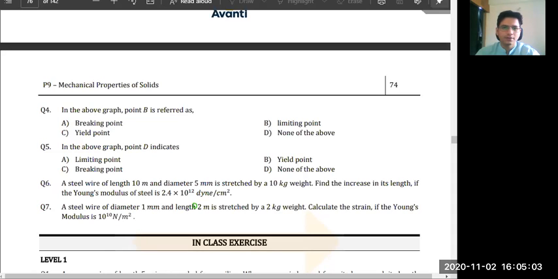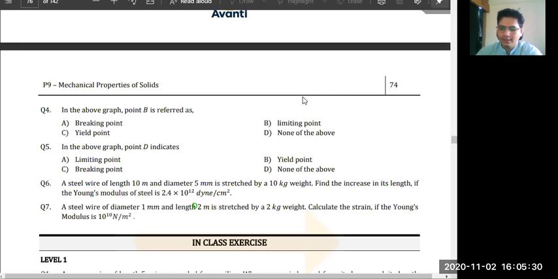Very good. Yes, it is. Yes. Elastic limit. Yes, elastic limit is the second name of yield point. Okay, in this case, right? So it is either elastic limit or yield point. Okay, because elastic limit is not given, right?